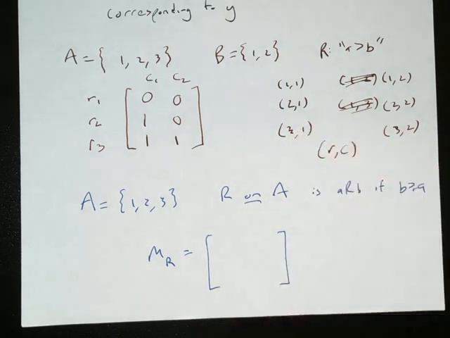If it helps, write out all 9 of the ordered pairs, A, comma, B, and then see which ones satisfy our equation and which ones don't.